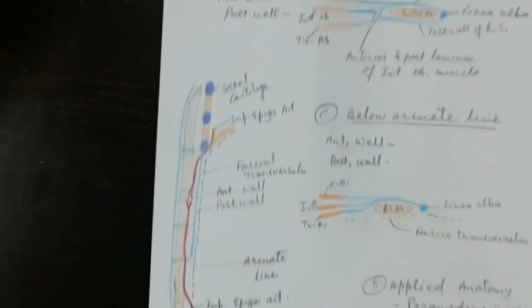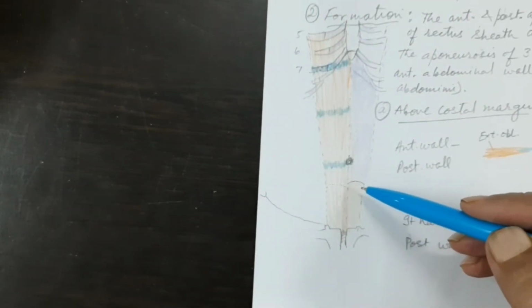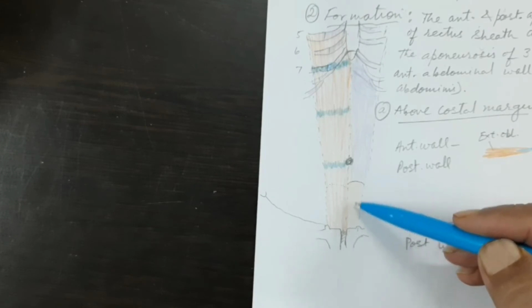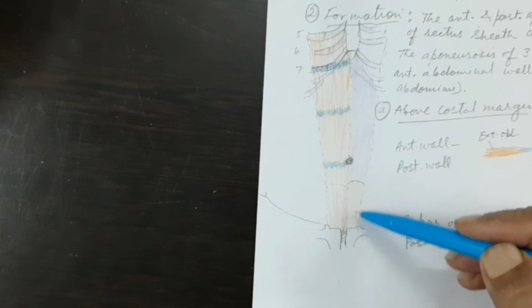Now from this diagram, I think you will understand better what the posterior relations are. Below the arcuate line, right up to the pubic crest and pubic symphysis, there is no posterior wall. The posterior wall of the sheath was not there above the costal margin, so it is also not there below the arcuate line.